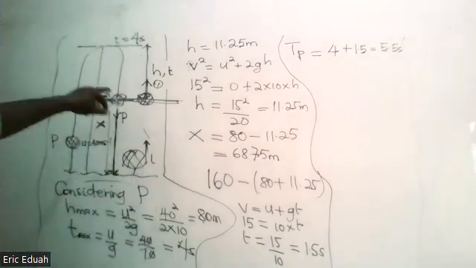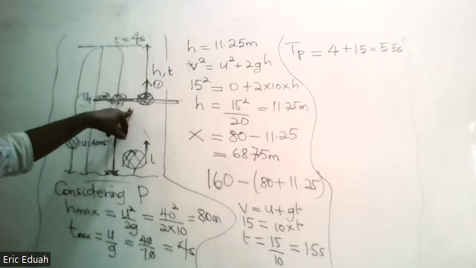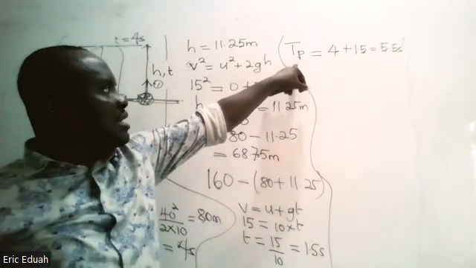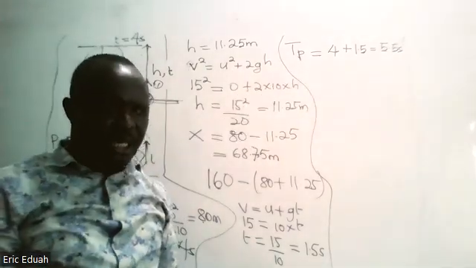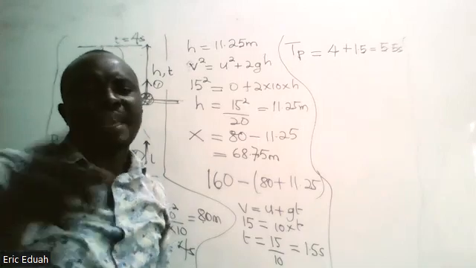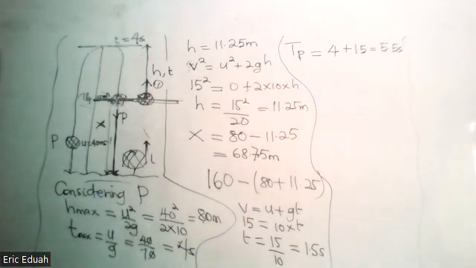So if before both particles crossed, P had traveled this time, then what will be the time traveled by Q before crossing P?